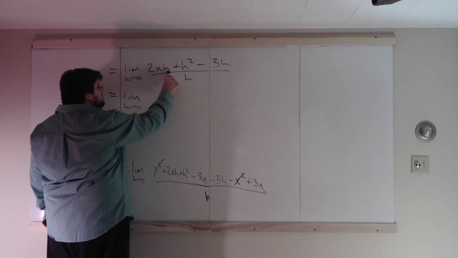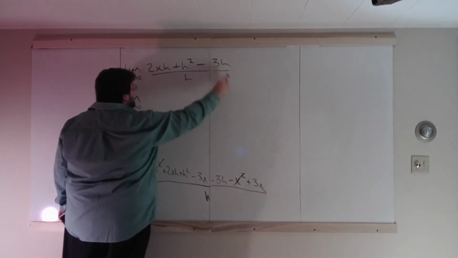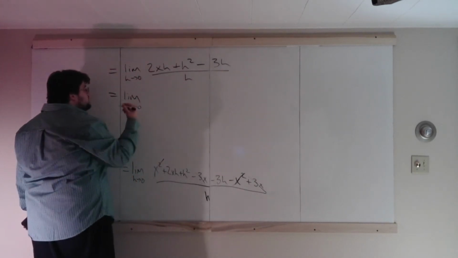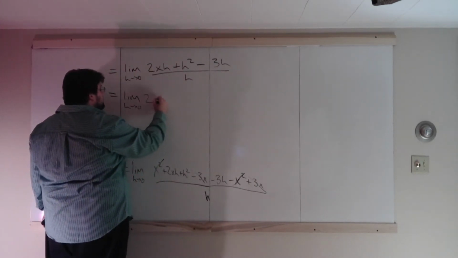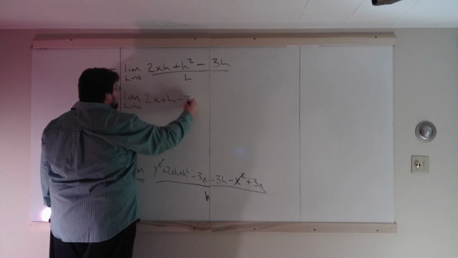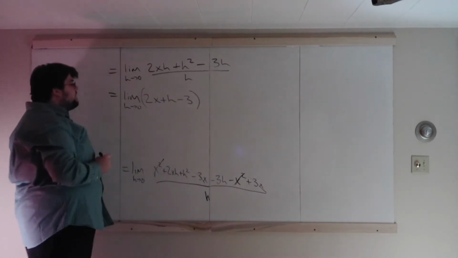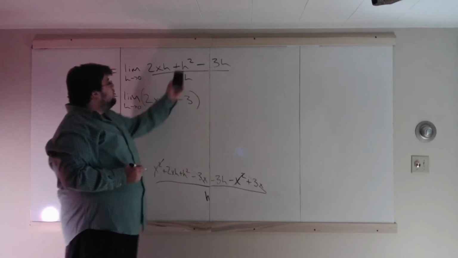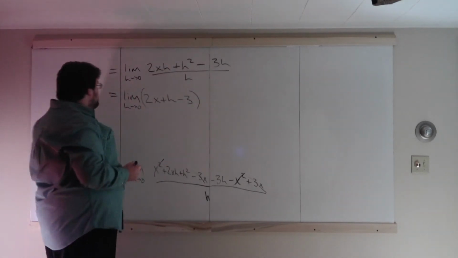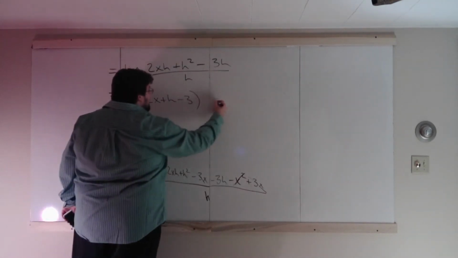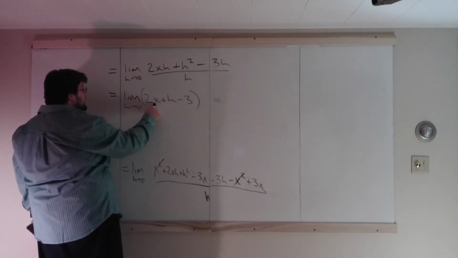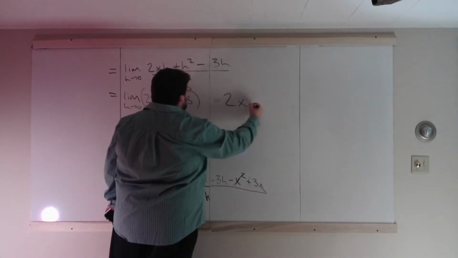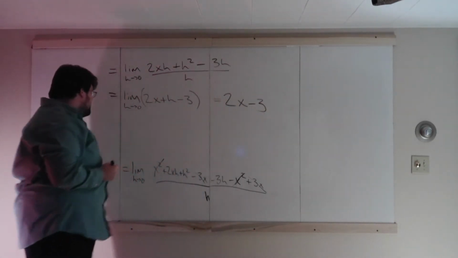So you can cancel an h in each term. You get 2x plus 1h and a negative 3. And as h goes to 0, you can now substitute h equals 0. You get 2x plus 0 minus 3, also known as 2x minus 3.